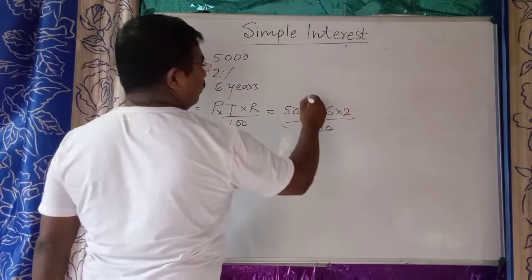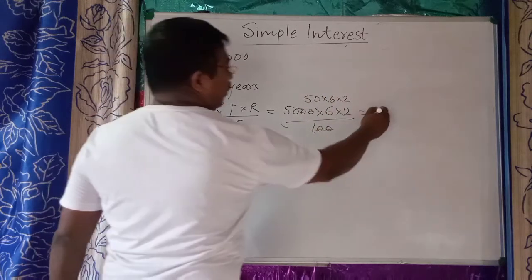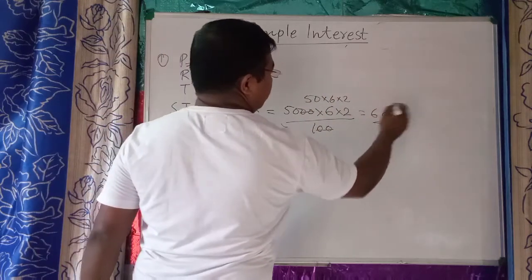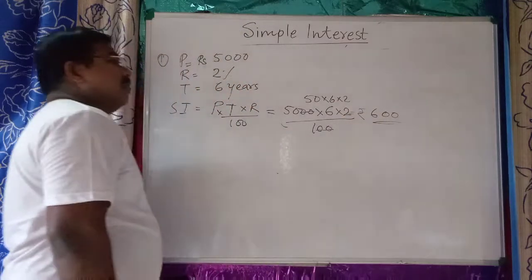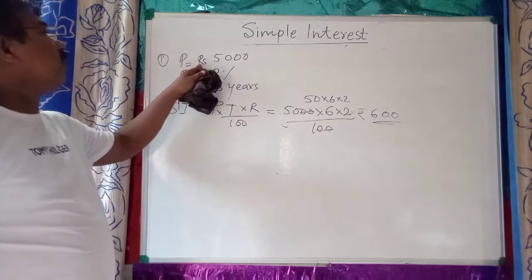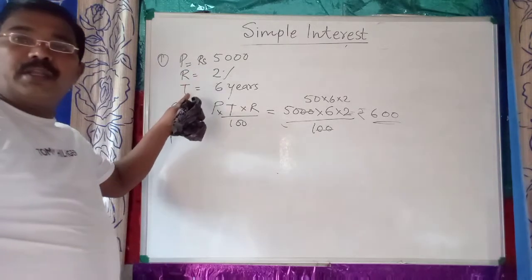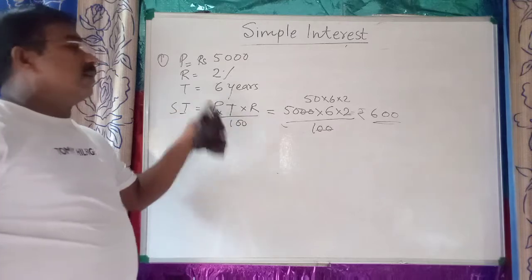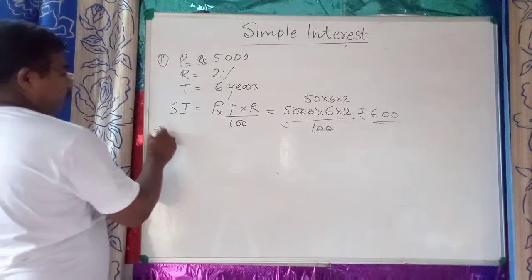Now we have 50 into 6 into 2. We will get the answer 600 rupees. This is the answer. The simple interest for an amount of 5,000 at the rate of 2% per year for 6 years is rupees 600. One more example I am going to give you.